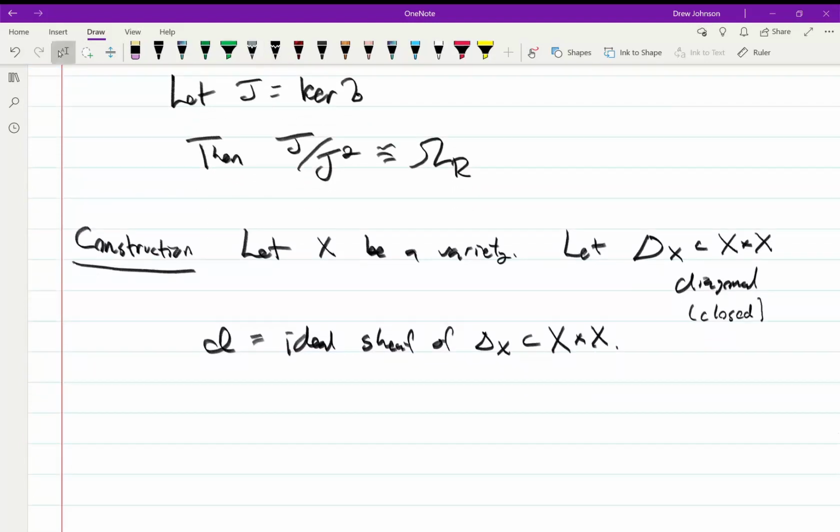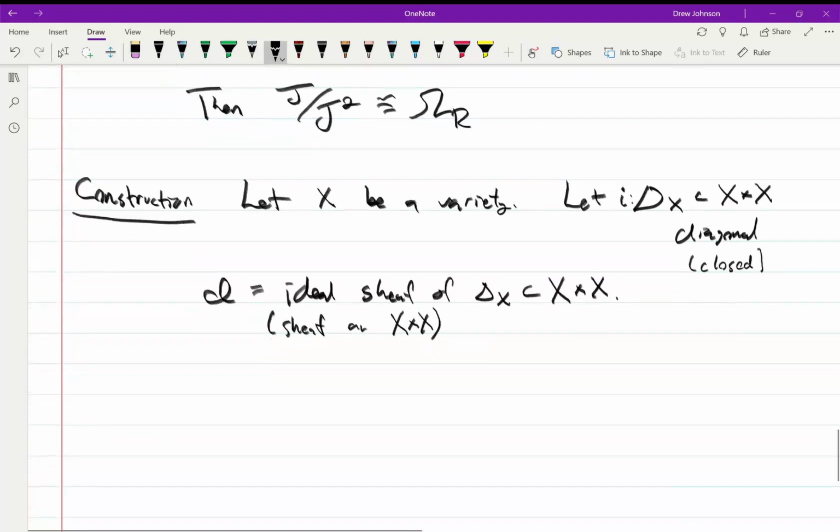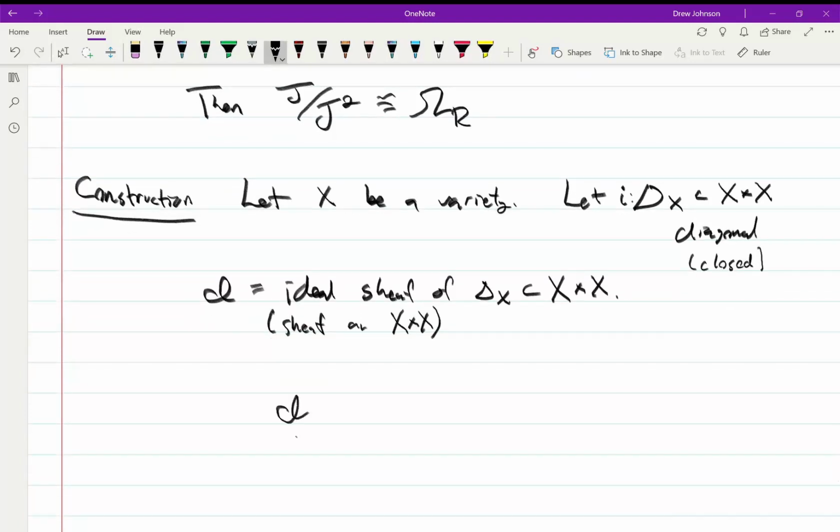Okay, and let's give a name to the inclusion map. So i will be the map that takes the diagonal into the product. And so remember, I is a sheaf on the product. Right, it's the sheaf of functions that vanish on the diagonal. And so what we're going to do is take I mod I squared.